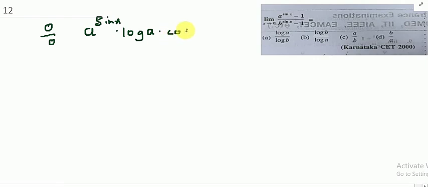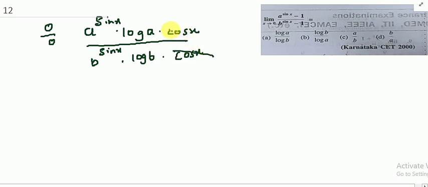The derivative of sin x is cos x, divided by, in the same manner, b raised to sin x into log b into cos x. Therefore, cos x and cos x cancel. Now if you apply x tends to 0, a raised to sin 0 becomes 1 and b raised to sin 0 also becomes 1. Therefore, we are only left with log of a divided by log of b. So look at these options. Here we have option A.